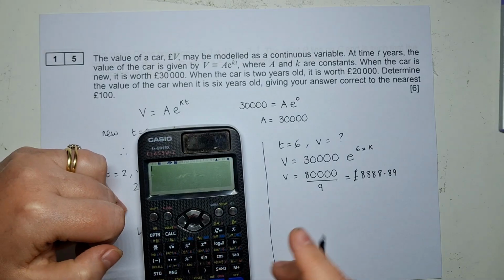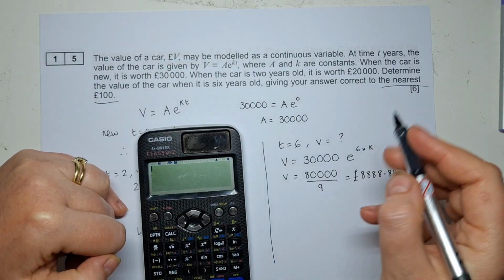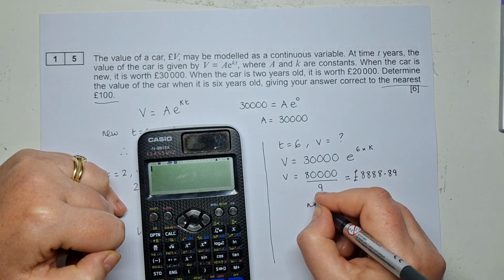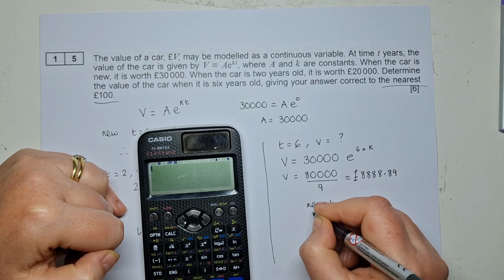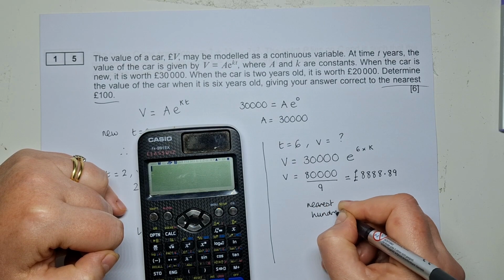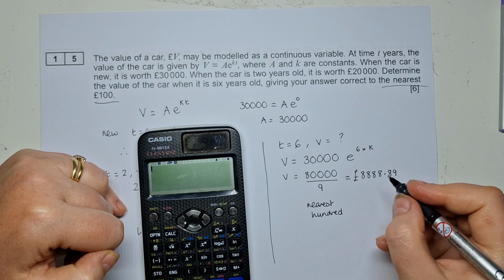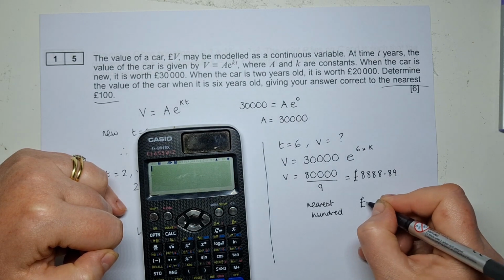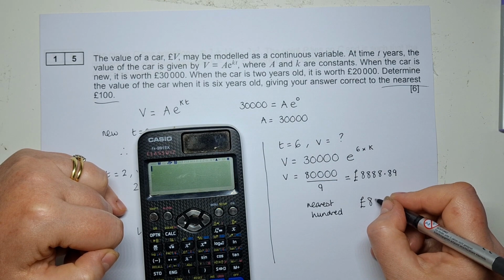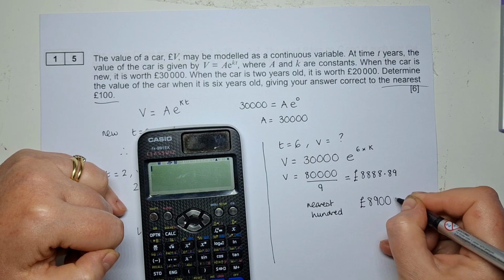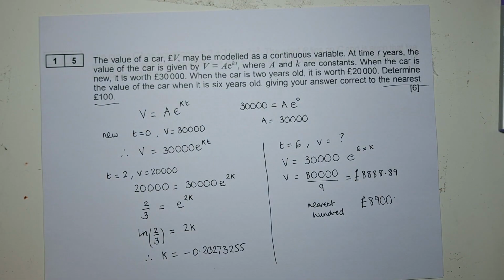But anyway, it says give it correct to the nearest 100. So to the nearest 100, it wouldn't have mattered on our rounding on our k anyway. They want us to get to 8,900 as a final answer.